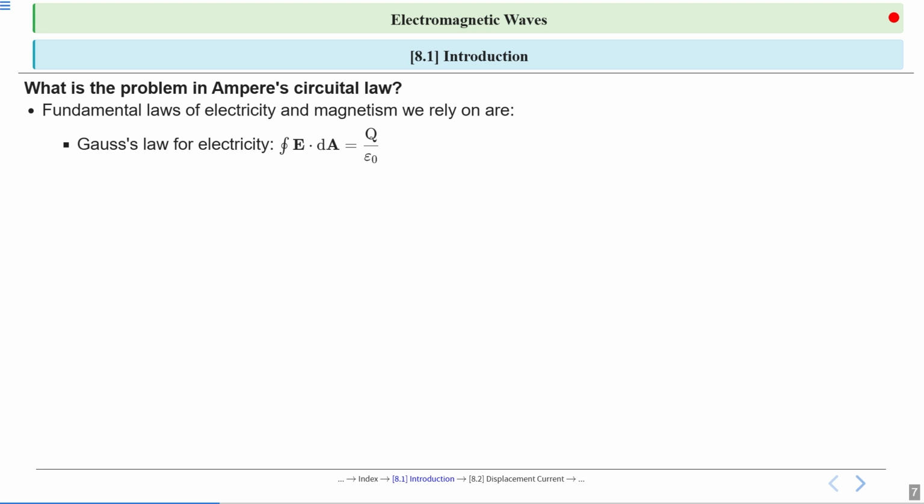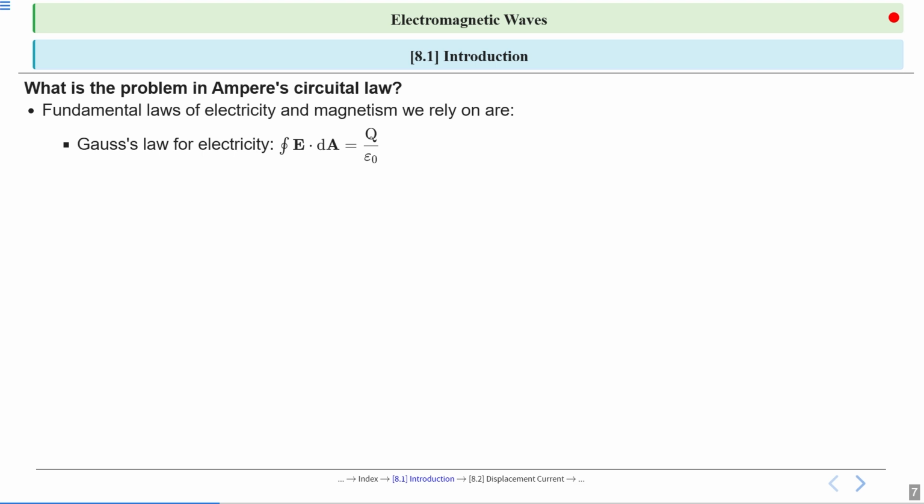first, Gauss law for electricity, that is closed integral of E dot dA over a closed surface is equal to Q upon epsilon naught. That is a statement of Gauss law for electricity.